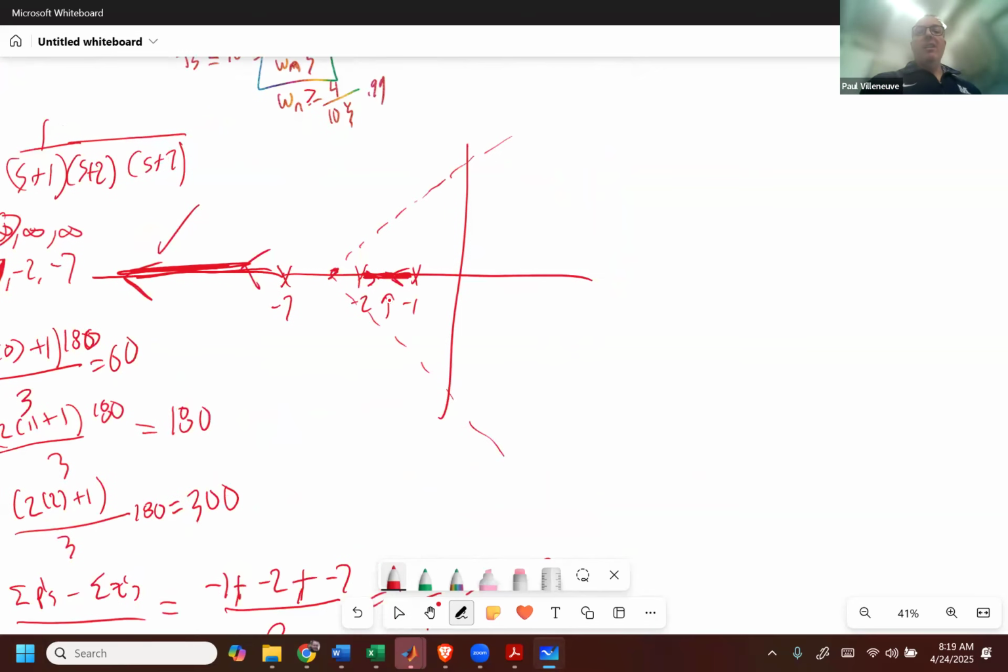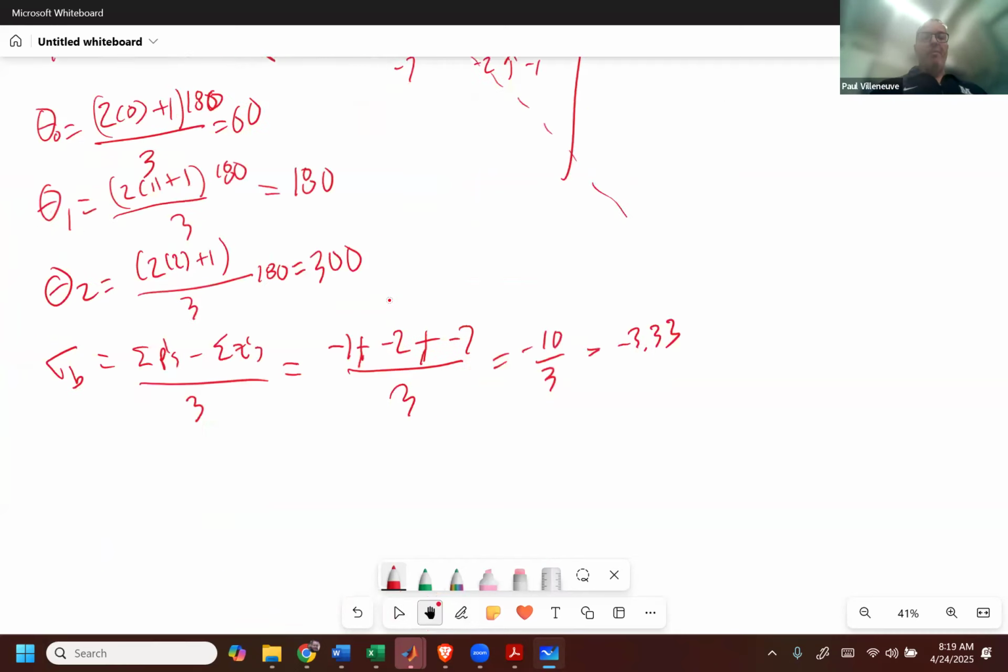So now I have to calculate my j omega crossing to get some accuracy, which means I have to do a Routh-Hurwitz to find my auxiliary equation. I also need to calculate the break-in or breakaway points.